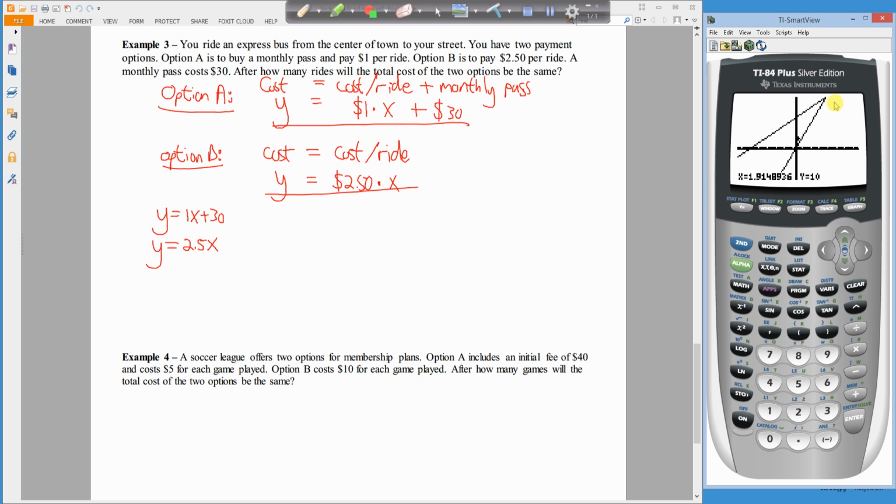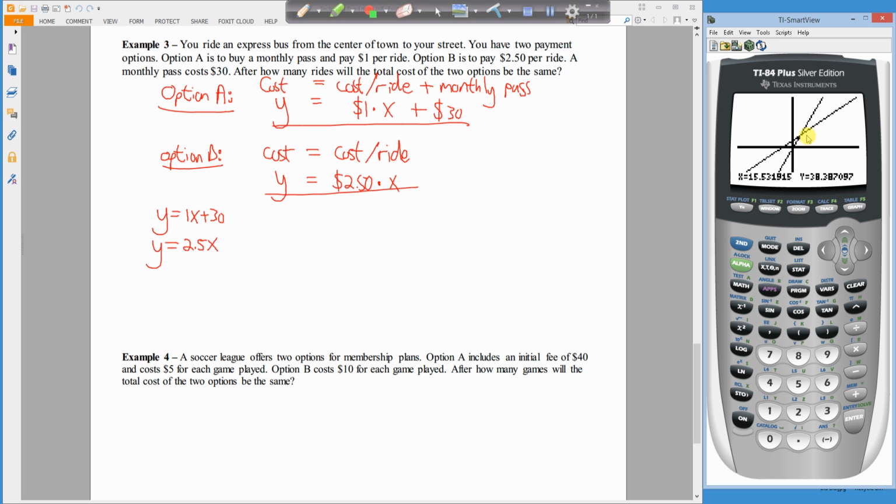I'm not really seeing exactly what I want, because I don't know if that is the intersection I'm looking at up there. So let's zoom out again, just to be sure. See what happens now. Now I see the intersection clearly.